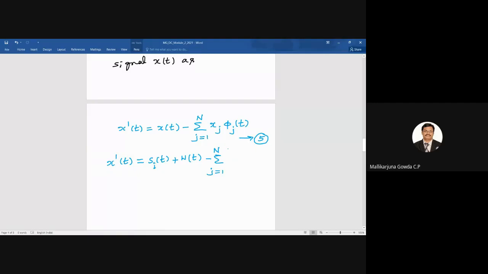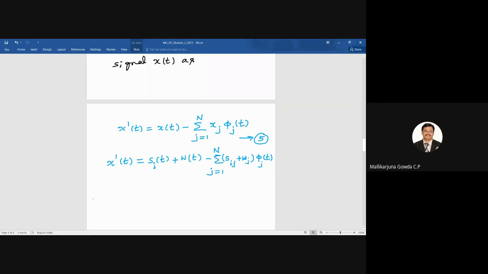That is equation 2: xj is equal to sij plus wj, into phi j of t. If you know equations 1 and 2, I'm just substituting the values of x of t and xj in this equation. Nothing big I've done.